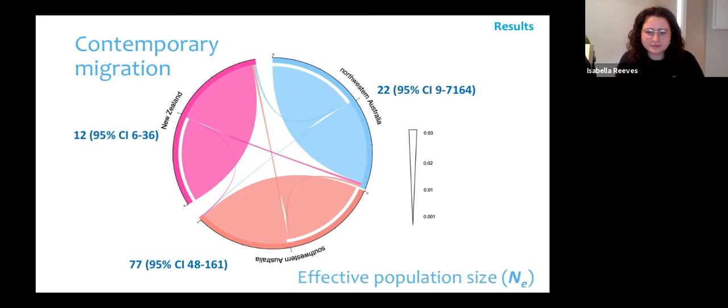Now, when looking at the number of breeders or the effective population size of a population, we can see that they are generally quite low, and the confidence intervals mostly support this. I would just like to make a note that the upper interval for Northwestern Australia does seem reasonably high, but I think this is just due to the samples we've got from the population.